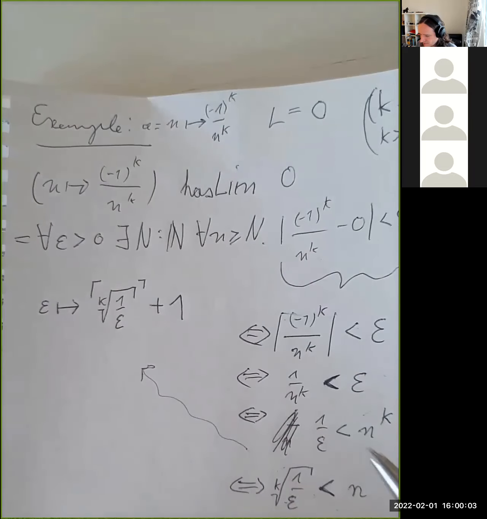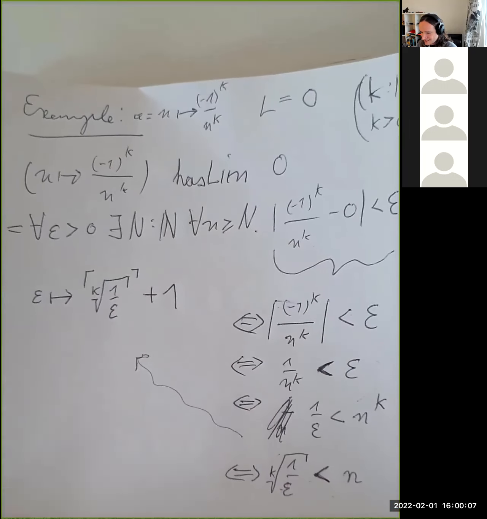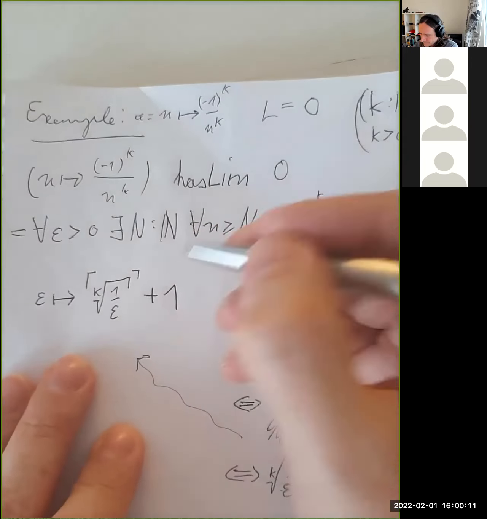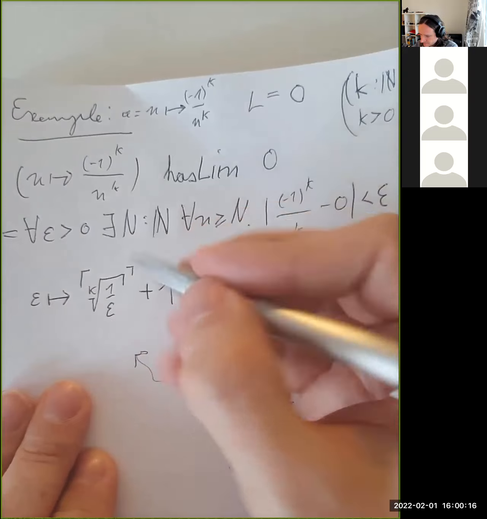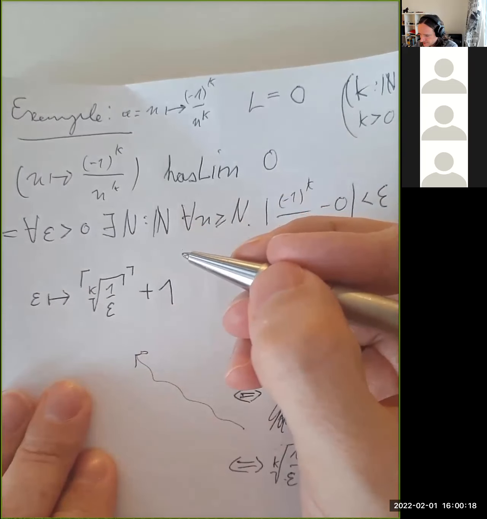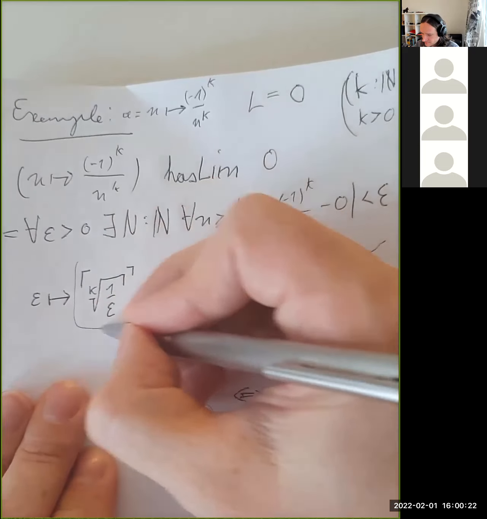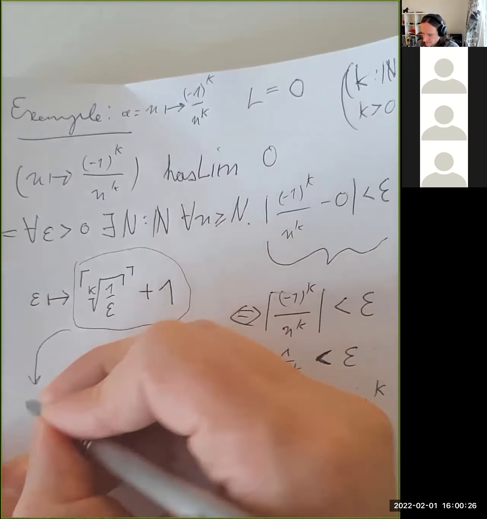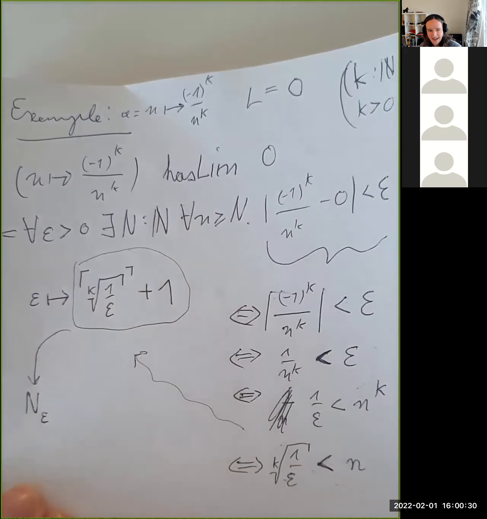Okay, so why is this a solution? Maybe let's think about this again. How should I write it down? Yeah, so this gives us an n index epsilon.